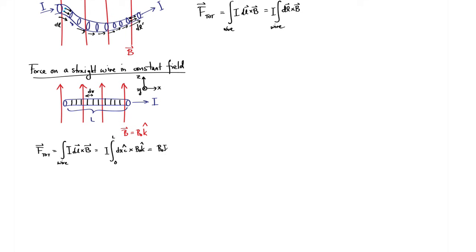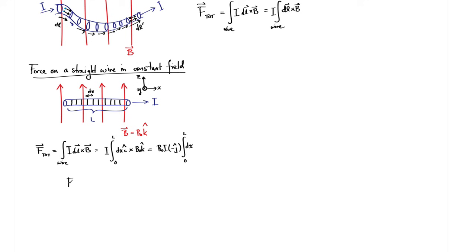I have an I in front, which has also been factored out already. i hat cross k hat gives me minus j hat. That's also a constant. So my integral is just from 0 to L dx, and that's a pretty easy integral to evaluate. That's just going to give me L, right?